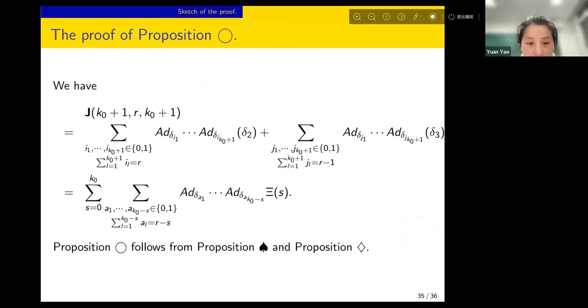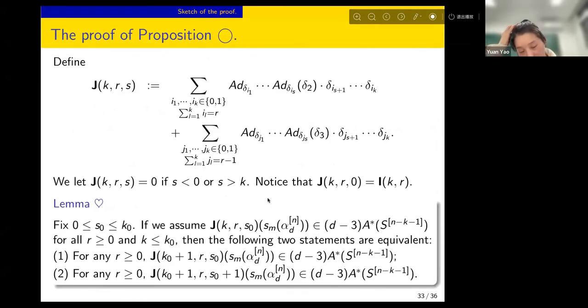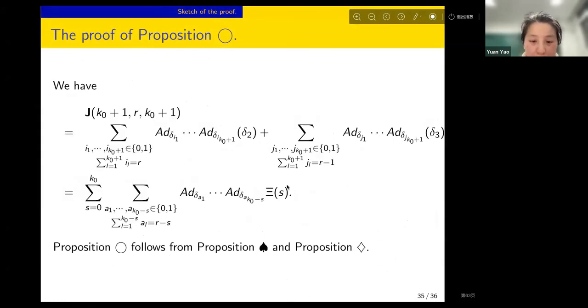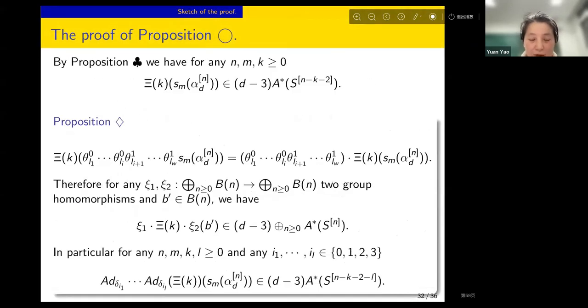Once you get d minus 3 factors, then no matter how many zetas, how many operators you act on it, you always have d minus 3 factors, right? So once you have this K_S and you act on this, you can use induction. You show that this acts on this.